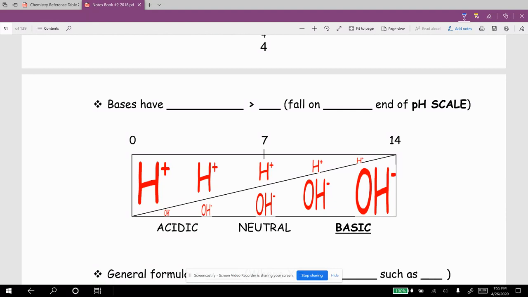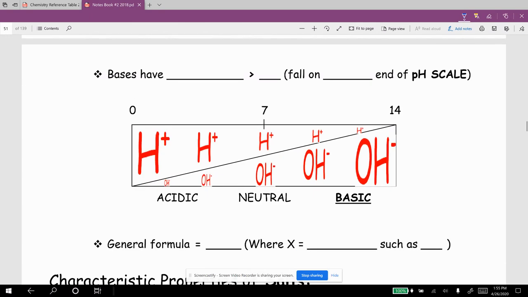I've got this picture again. So now bases have pH values greater than 7, and they fall on the high end, right? A comes before B, so lower numbers to higher numbers.